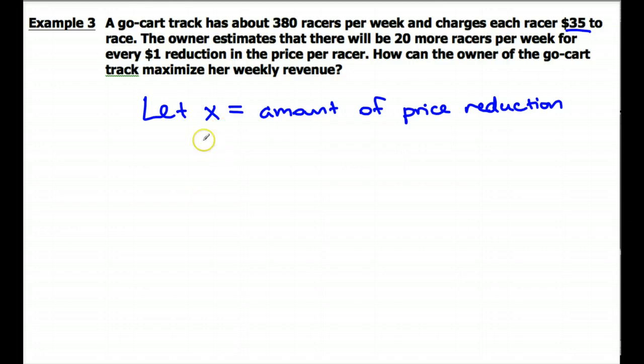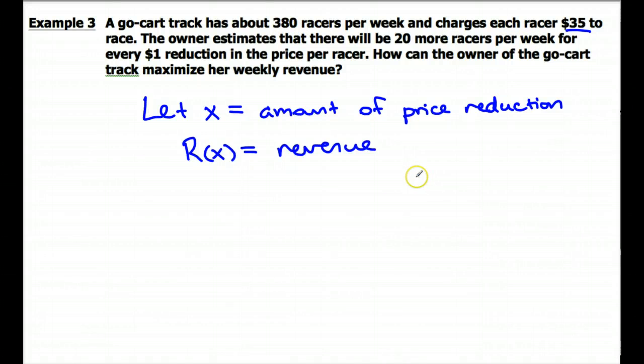Okay, and then I'm going to also say that r of x, this is just function notation, is going to be my revenue. Okay, so r of x is going to tell us how much revenue we are actually going to make if we do this price reduction here. Okay, so let me break this down for you. Right now, it says we have about 380 racers per week, and we charge $35 per racer.